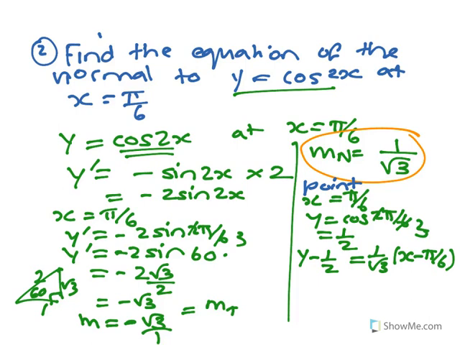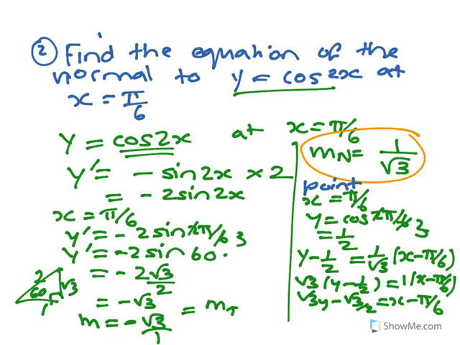Multiply both sides by 2 root 3 to get rid of the fraction. So I might just do by root 3 first. Root 3 y minus a half equals 1 x minus pi on 6. So that's root 3 y minus root 3 on 2 equals x minus pi on 6. If I now multiply by 6, all the way along, the 2 will go into the 6 here and leave you with 3, and the 6's will go out there.